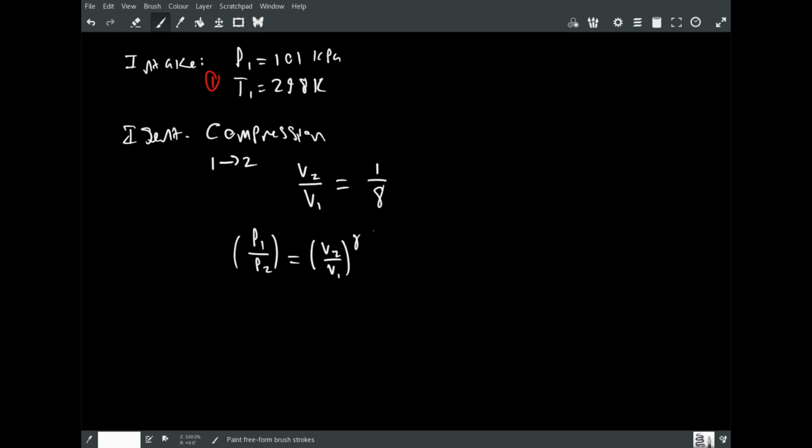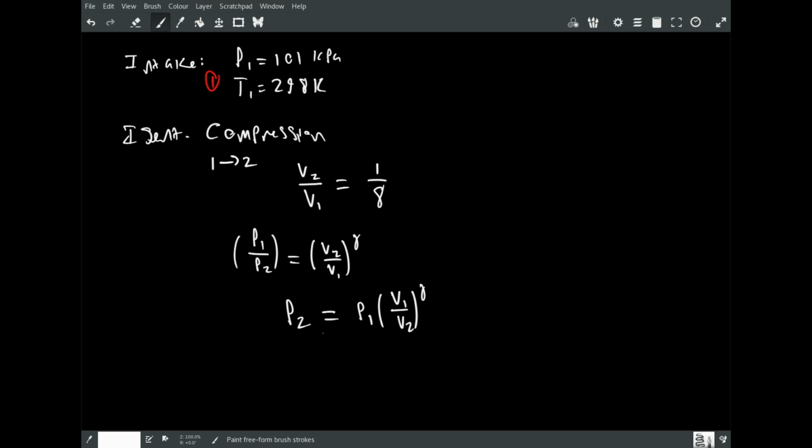So we can find what our pressure at 2 is. With a little bit of rearranging, we'll find that P2 equals P1 times V1 over V2 to the gamma. That's just rearranging this equation, bringing P2 over to this side and dividing by this, and we get the 1 over that.